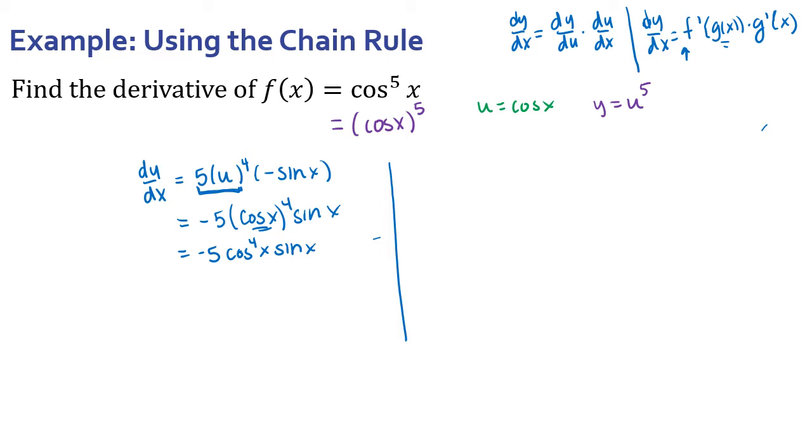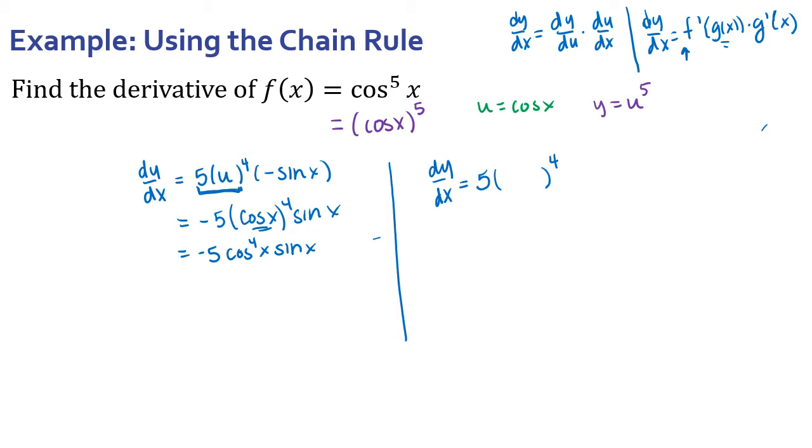Okay, so if I was doing it the prime way, so here we'd have our outside function is going to be that x to the fifth power, okay? So if I was doing that, that x to the fifth power would be 5, and then, so 5 times something to the fourth power.